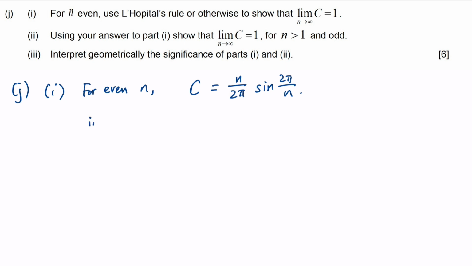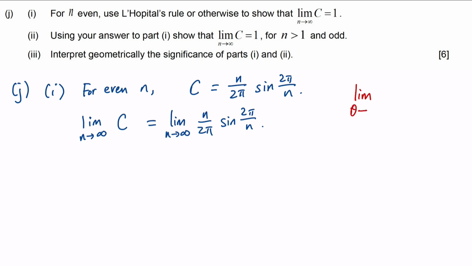The limit as n tends to infinity of C will be the limit as n tends to infinity of n over 2 pi sine 2 pi over n. We need to use L'Hopital's rule. If you remember, L'Hopital's rule is used when we have a limit of something tending to some value, giving a 0 over 0 indeterminate form, or it could also be infinity over infinity.